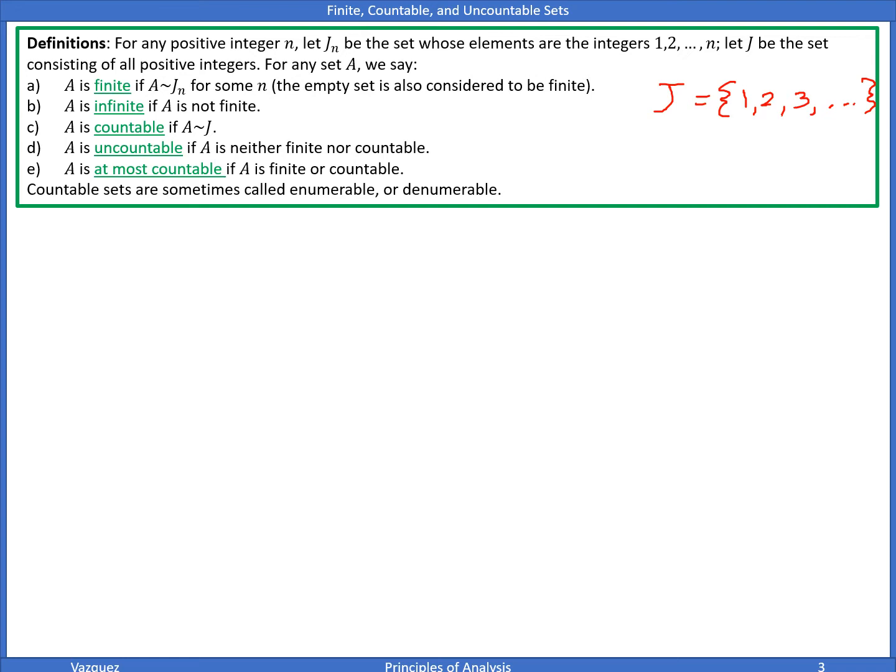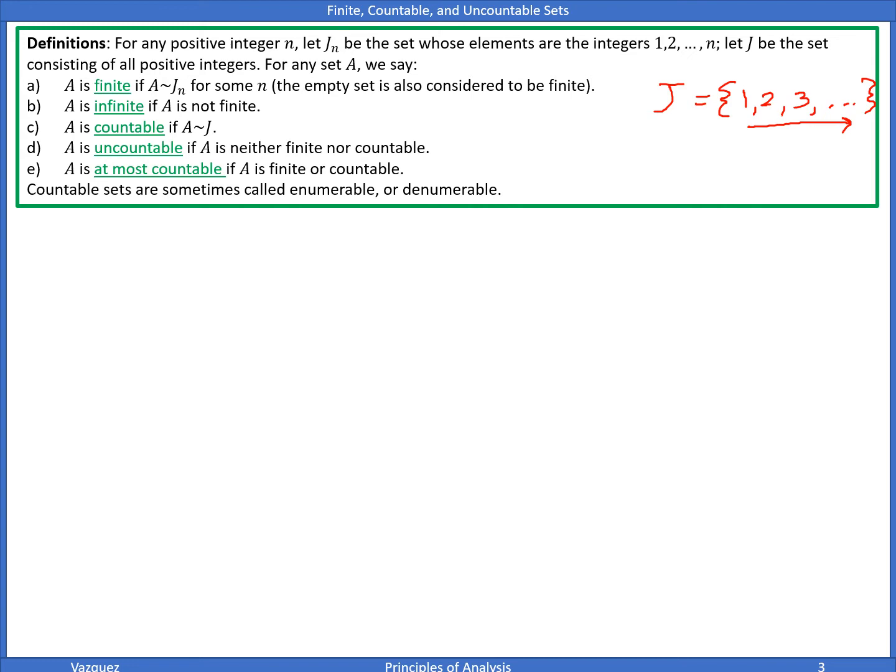A is countable if A is equivalent to J. Right? So these numbers, 1, 2, 3, and so forth, those numbers are countable. Okay? A is uncountable if A is neither finite nor countable. A good example would be the real numbers.